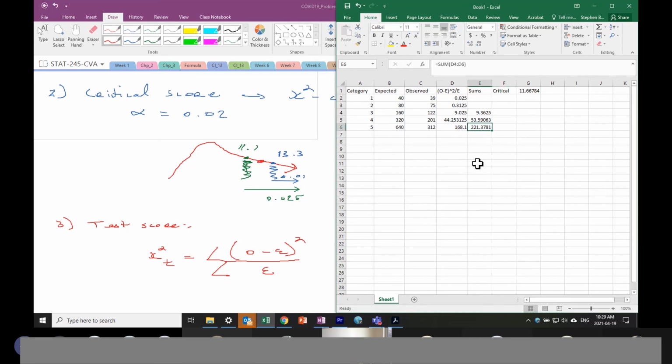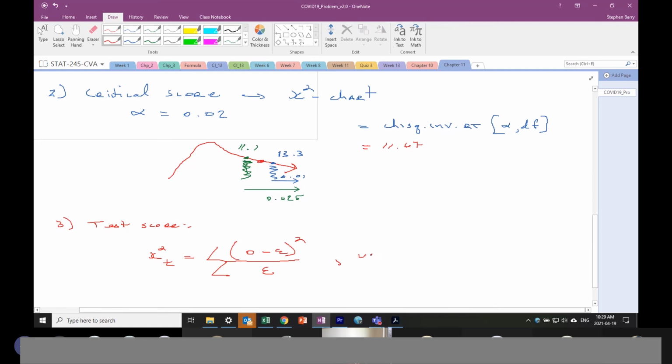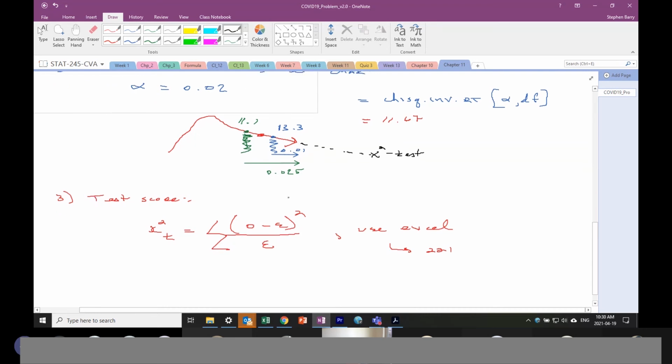In other words, our test score is 221. And that's going to be way over here. We knocked it out of the ballpark. It's way in the rejection zone.